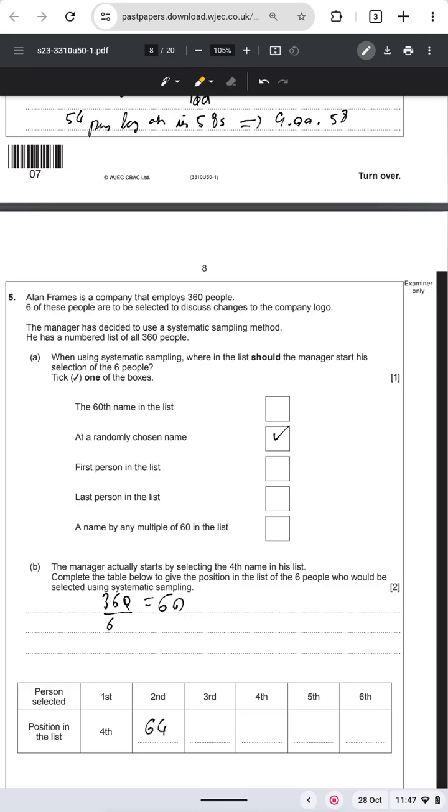So we have the 64th, the 124th, the 184th, the 244th, and the 304th person.